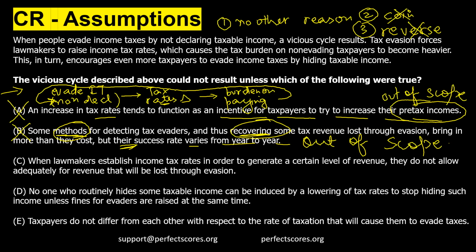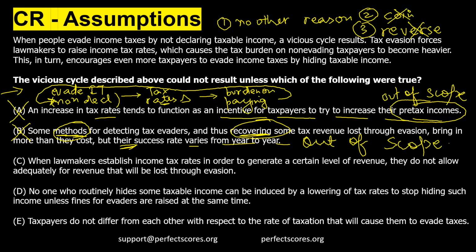I'm not sure. I choose B. Okay, any other answer? Anyone else has chosen? Priyanka, what about you? What did you choose? I chose D as well.